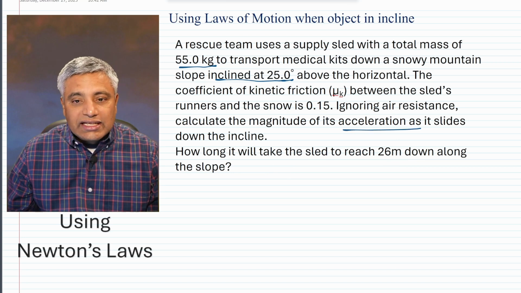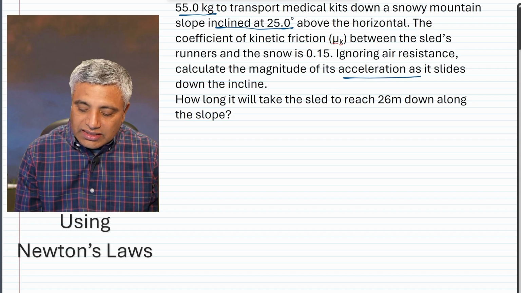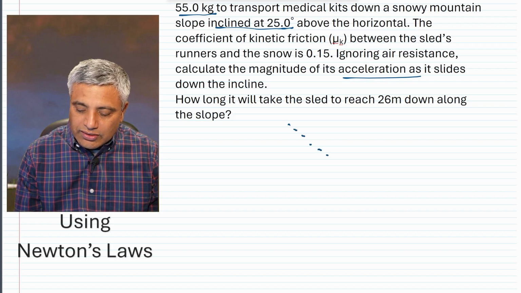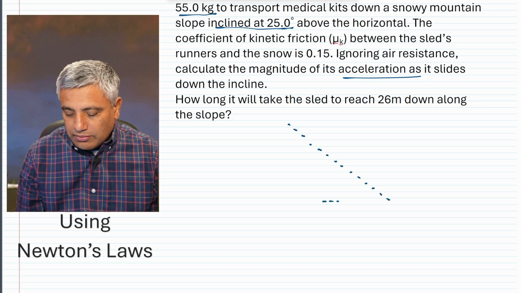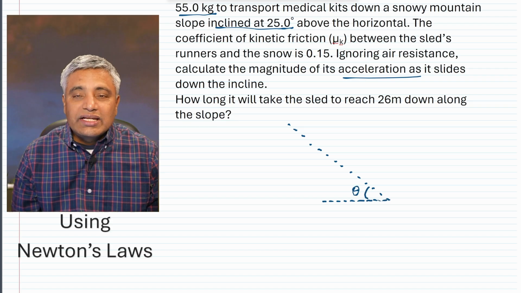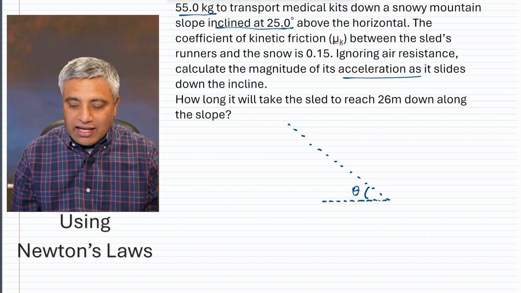To use dynamics, we need to draw a free body diagram. So this is an inclined plane. To mimic the inclined plane, I draw this dashed line. The problem says it's making an angle. We represent that angle by theta, no matter what its value is.